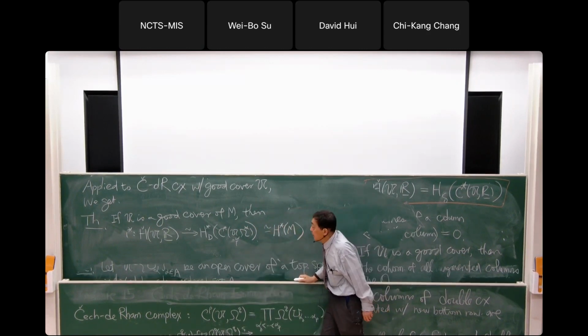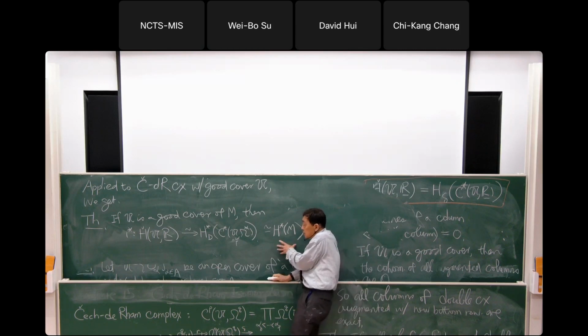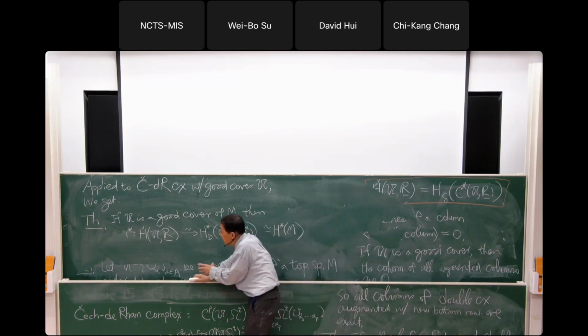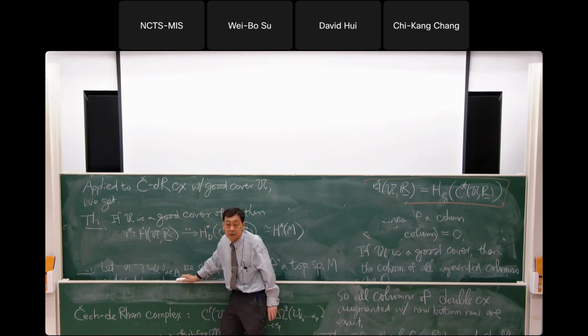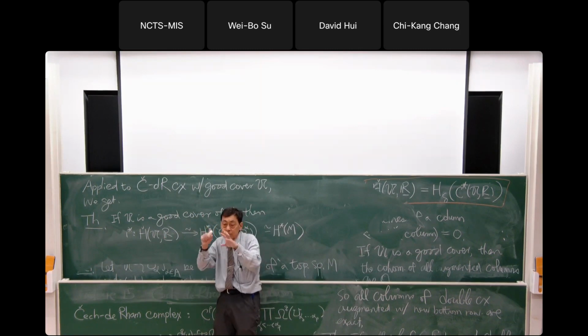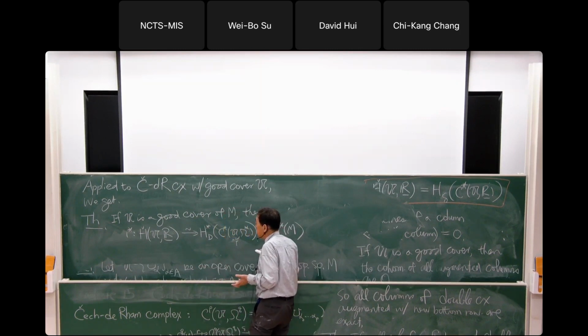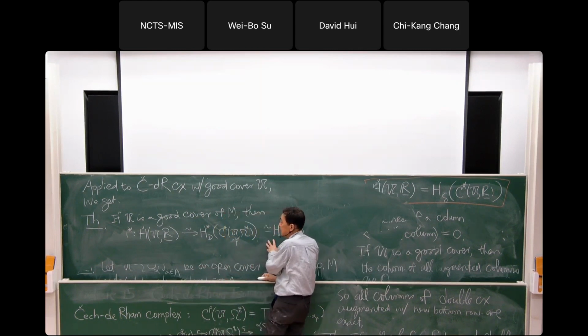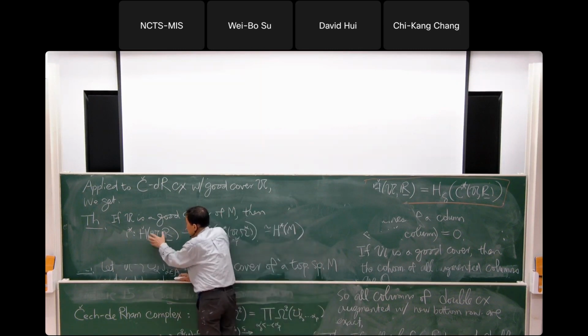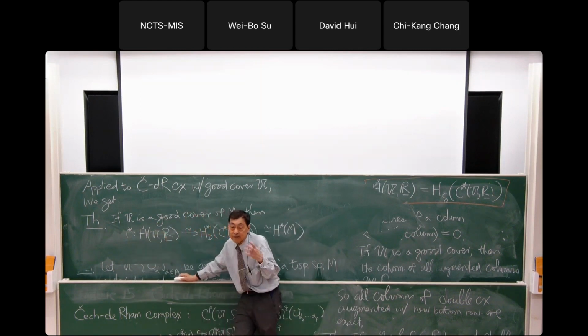Okay, and so this theorem says that if you have a good cover, then the de Rham cohomology can be calculated from the Cech cohomology of the good cover. And this is easy to calculate because you only have to look at the open sets and how they intersect. This theorem also shows that the Cech cohomology of a good cover is independent of the cover.